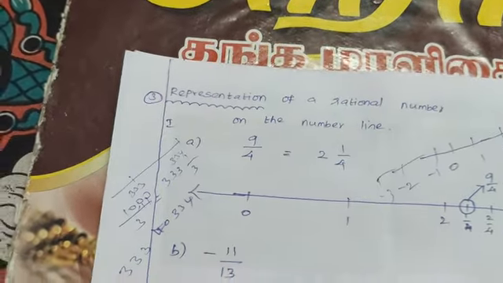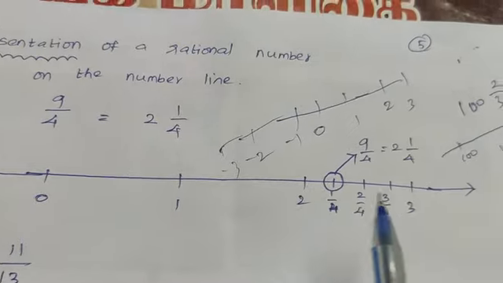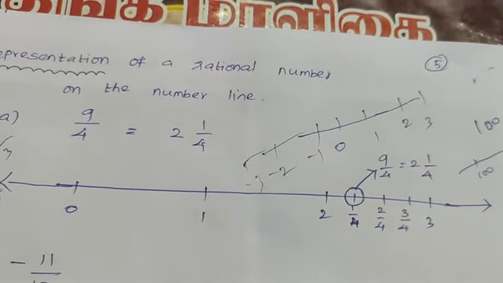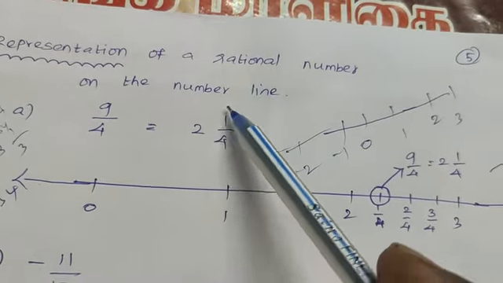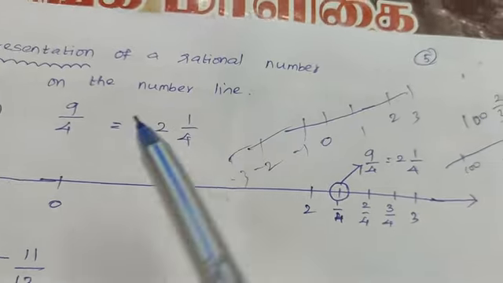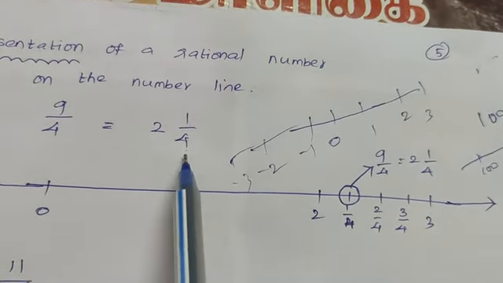Right. Now here are 2 1 by 4. So 0 1 2 3. We need to mark in between 2 to 3. Right. Here 1 by 4 is given. So 1 by 4 means we need to divide that gap into 4 equal parts.